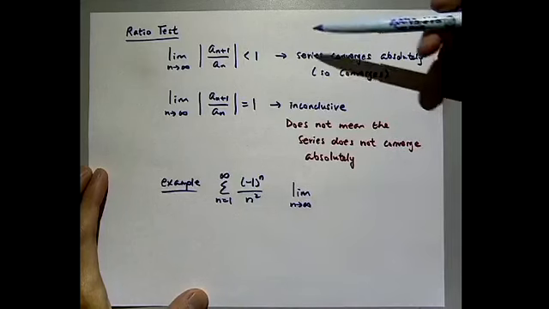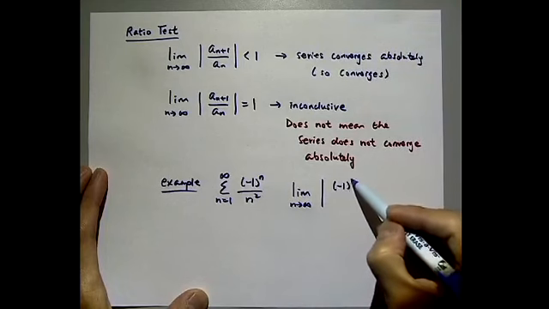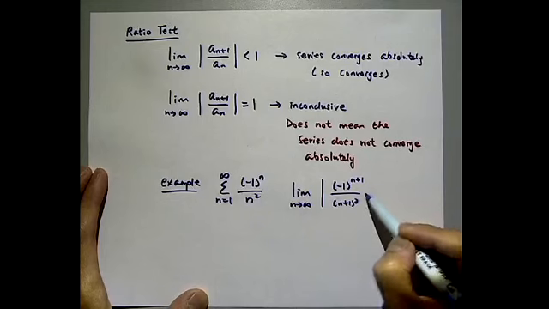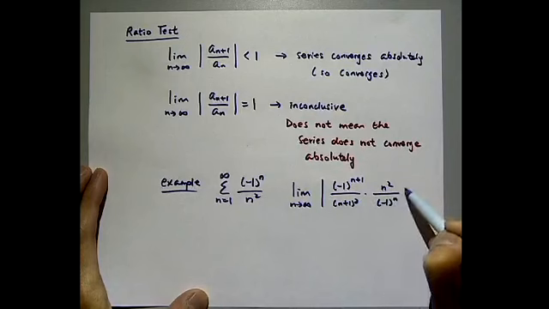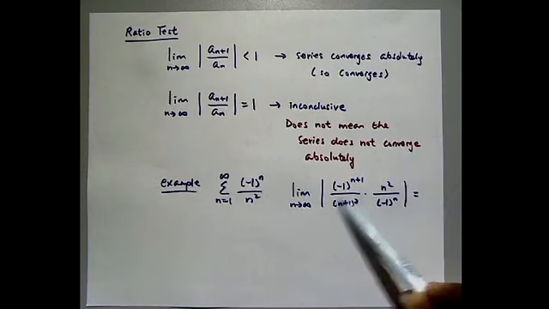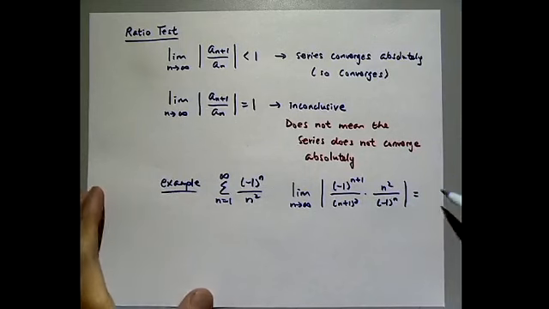If I apply the ratio test, then right away you can see that when n becomes large enough, these two are roughly equal. So this thing is going to give you a ratio of 1.